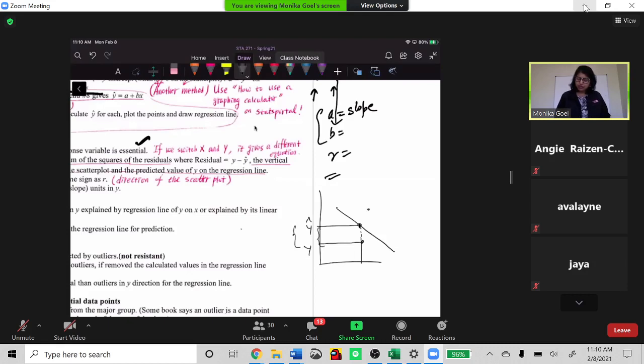And the same thing if you have an observed value here, then this is your observed and this is your predicted. So this is your residual, y minus y hat. It can be positive or negative depending upon where your observed point is. Is it above the line or below the line? Residual is y minus y hat, your observed value minus the predicted value.